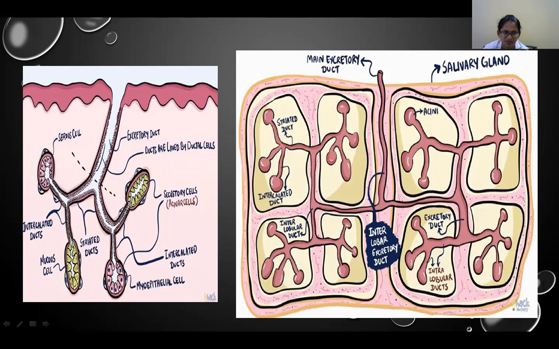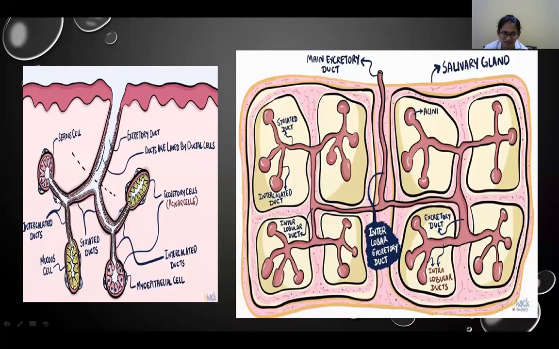See here, this serous cell has a lumen. The cells are attached to the basement membrane. These are the serous cells, and in the center of the serous cells there is a lumen. This lumen expels the secretions into the intercalated ducts.